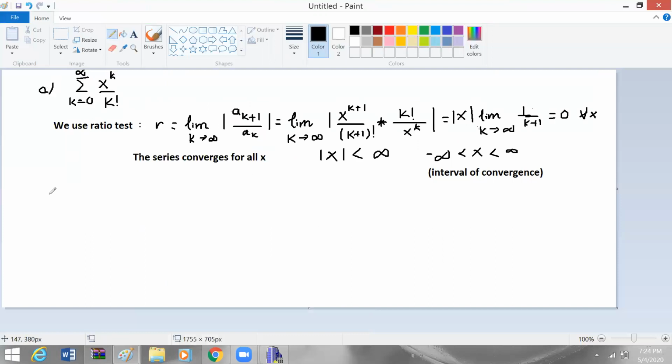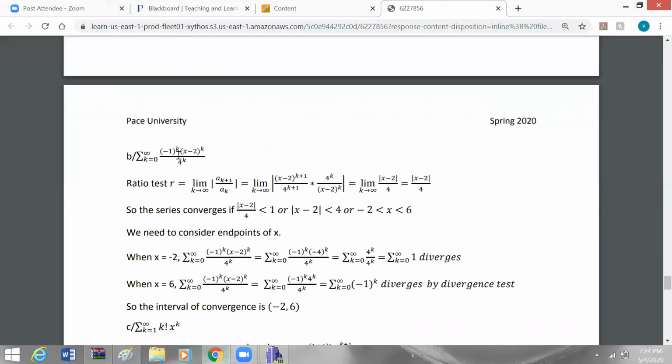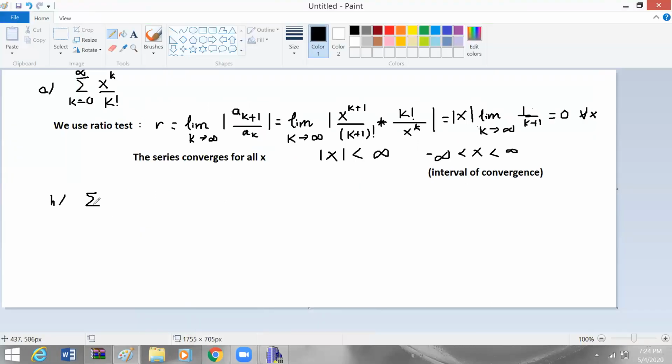So we're going to go to part B, where we look at the series where we have the terms negative 1 to the k times x minus 2 to the k over 4 to the k. And then the series goes from 0 to infinity.